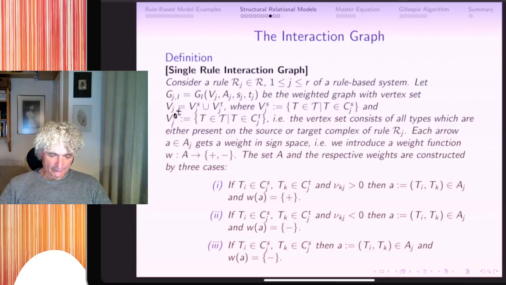And if we have a type in the substrate set, in the source complex Ti, and if we have a type Tk on the source side, then we also draw an arrow, and we have here a negative effect. The idea is that you have here consumption. So if two types are together in a source complex, then this means they get transformed, or one transforms the other if one is, for example, a catalyst.